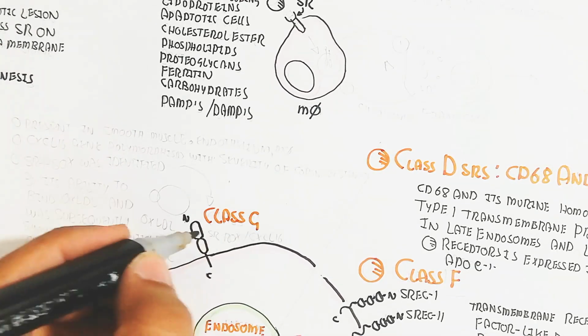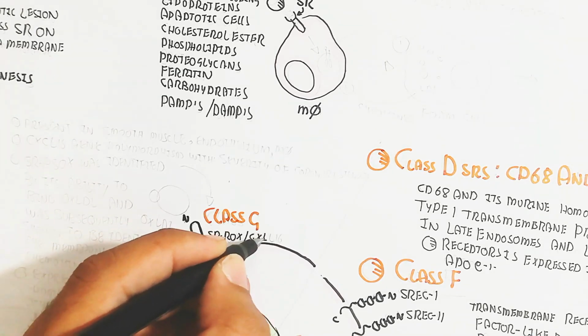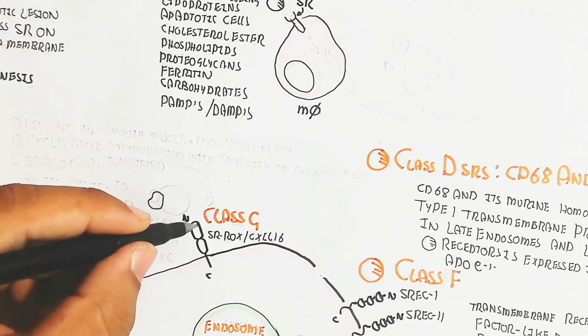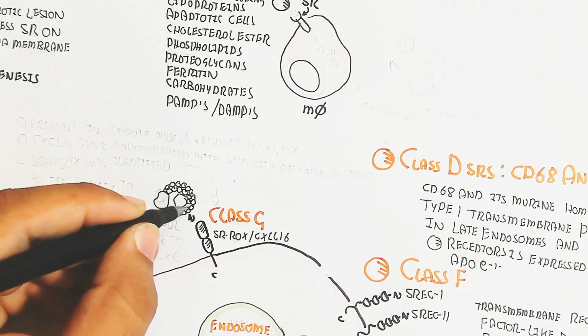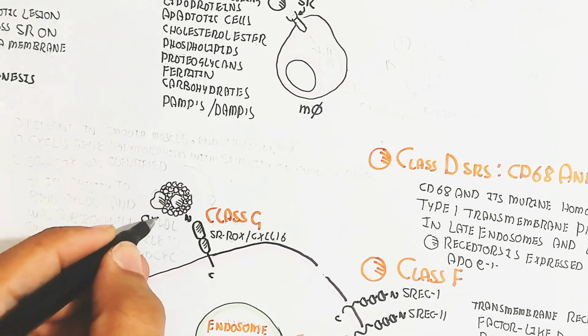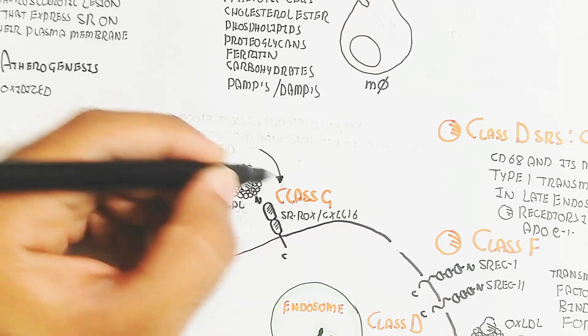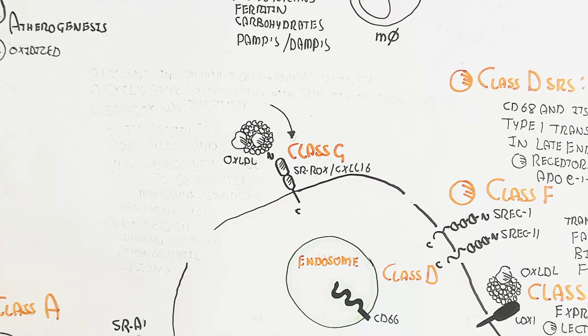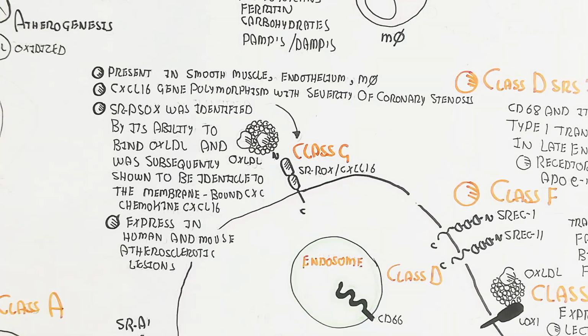Anyhow, this is class G. This class G contains the Scavenger receptor SR-PSOX and CXCL16. Whenever oxidized low density lipoprotein binds with the Scavenger receptor in this class G, which is present in smooth muscle, endothelium and macrophages, CXCL16 gene polymorphism is associated with severity of coronary stenosis.